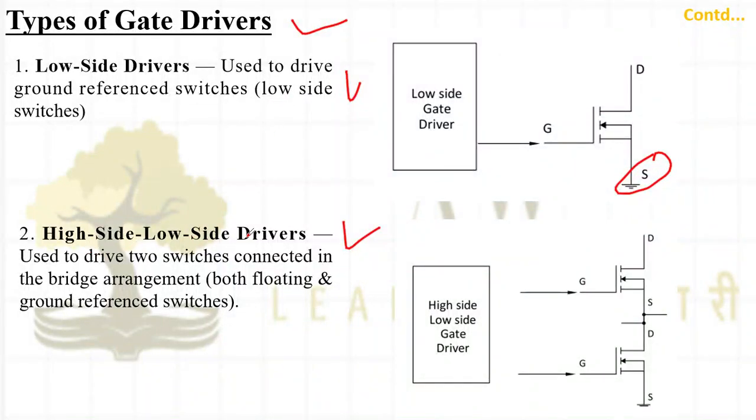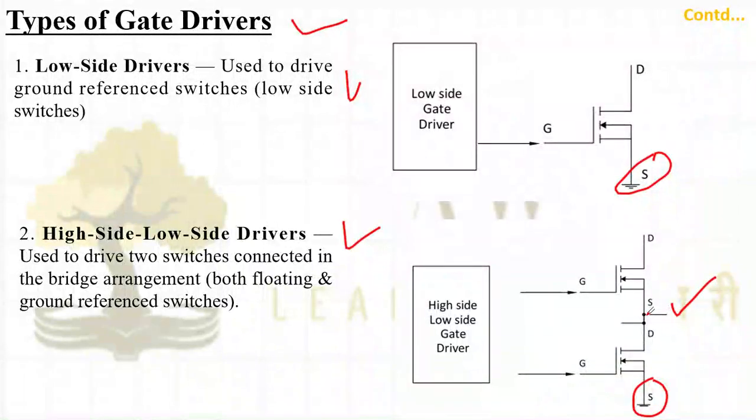Then what is the high side low side driver? This driver will generate two pulses. One pulse it will give on the upper side, another pulse it will give on the lower side. The low side pulse, again you see, is with respect to the ground. But here you will see that my upper switch is not connected with respect to the ground.